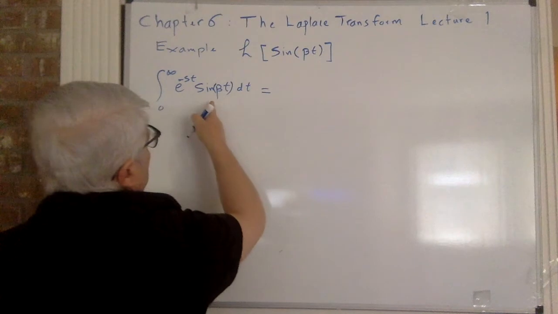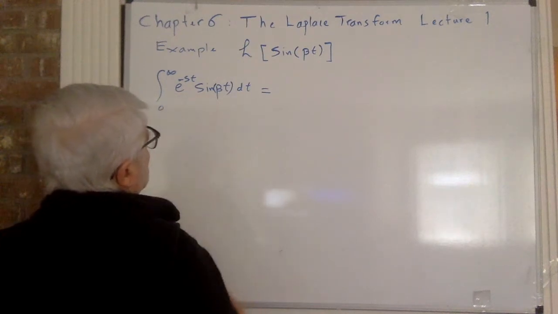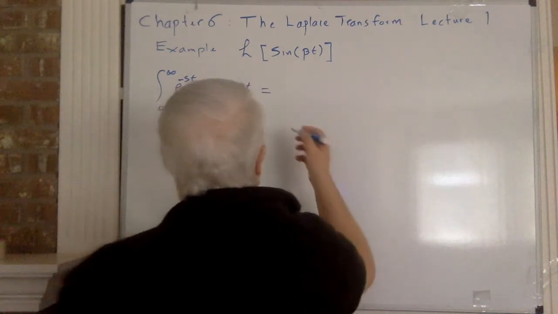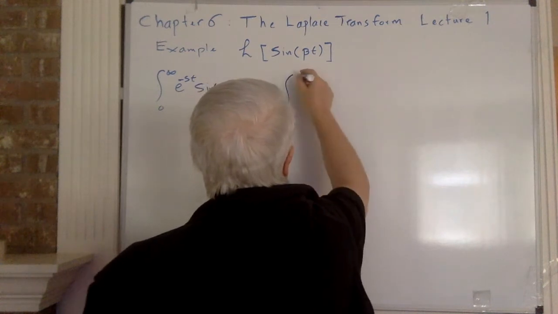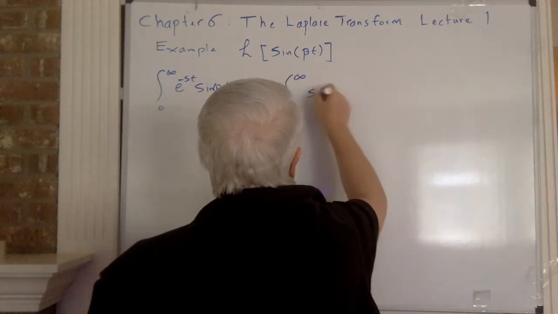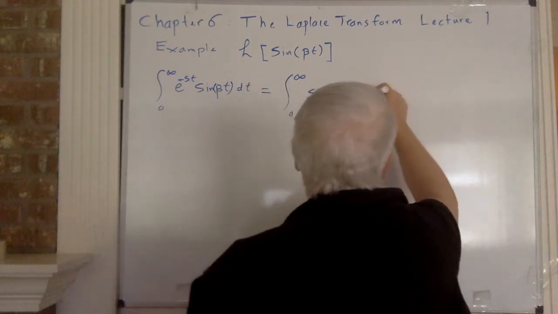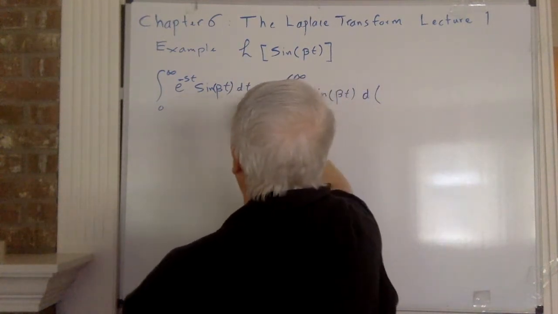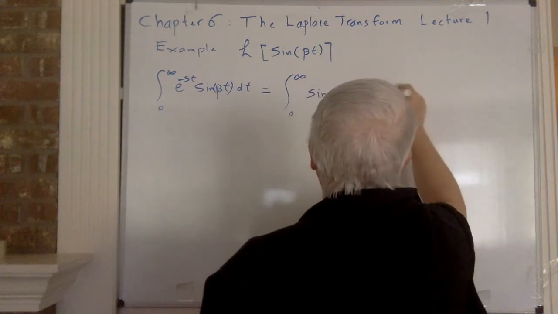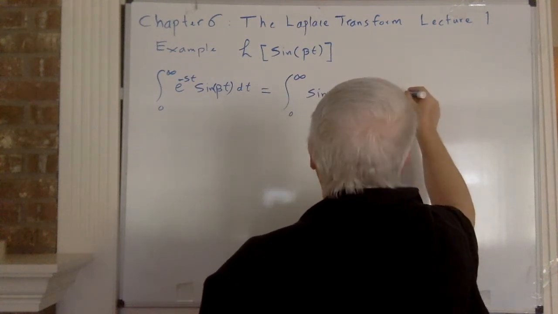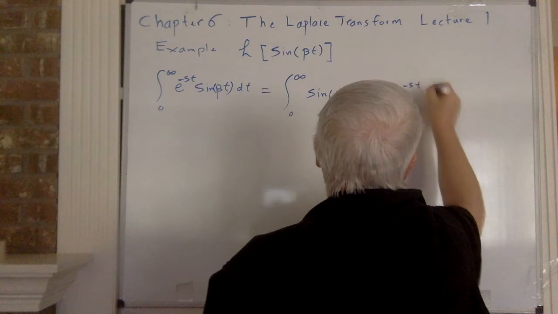I can use integration by parts here or on this one, because they have the same weight, let's say. So that is the integral from 0 to infinity of sine beta t times d of e to power minus st, which is minus 1 over s e to power minus st dt.